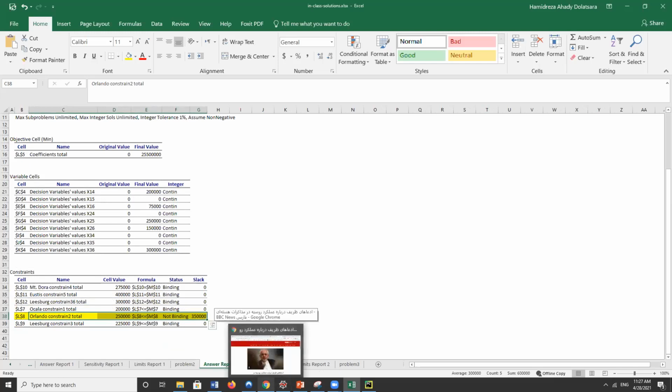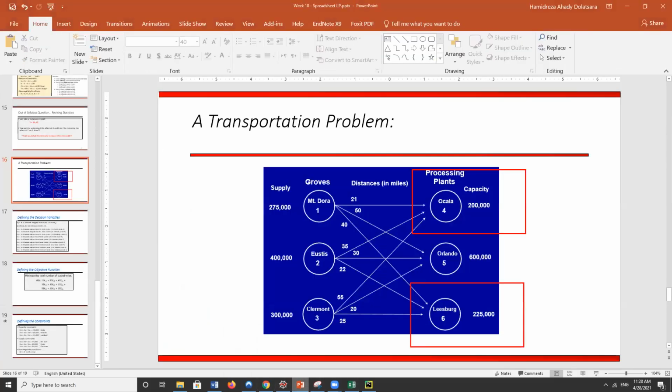Maybe if you are in HR, I think one or two of you were in HR. So based on here, you're seeing that this constraint for Orlando is not contributing, it's not binding. It means you have some extra labor there. So either you lay them off or send them to Ocala or Leesburg.